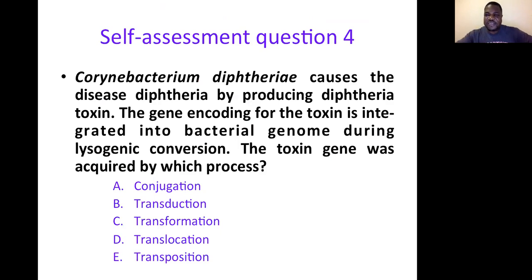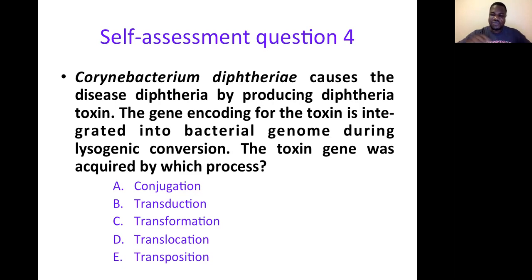Now, self-assessment question. Corynebacterium diphtheriae causes the disease diphtheria by producing diphtheria toxin. The gene encoding the toxin is integrated into the bacterial genome during a lysogenic conversion. The toxin gene was acquired by which process? If you know the process where there is lysogenic conversion, then you will be able to answer. Is it conjugation?